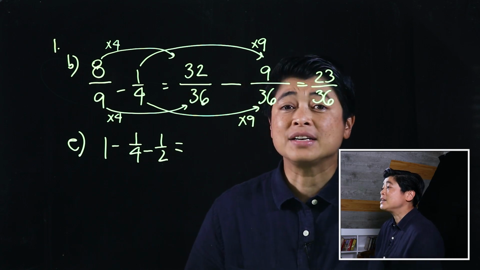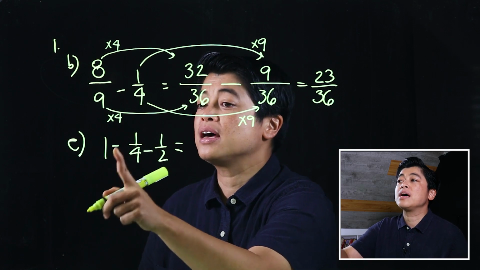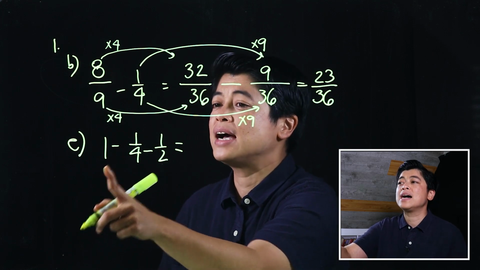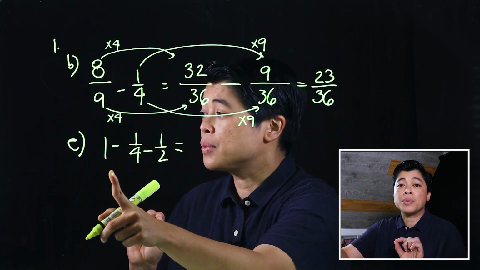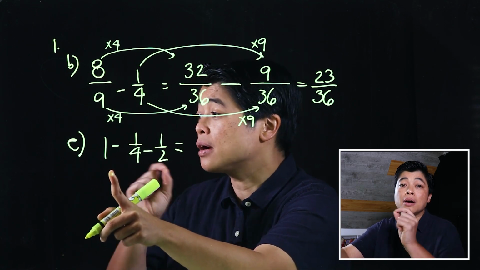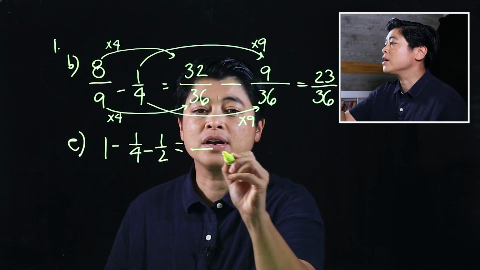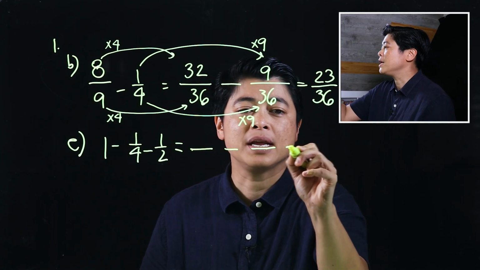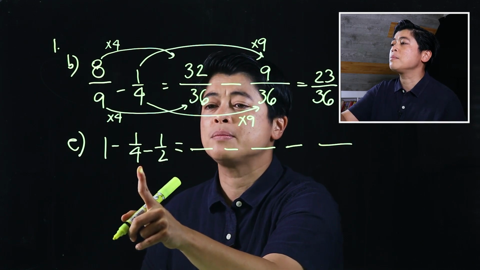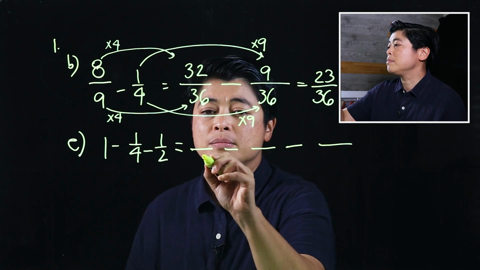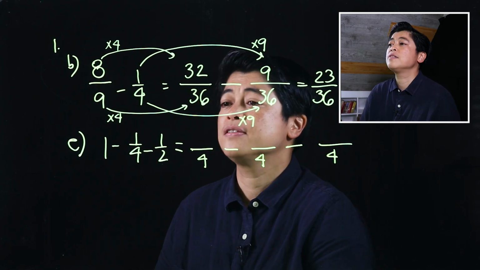Now, in letter E, we have a whole. And remember, the whole can be written as any fraction with the same number on top and bottom. So I'm going to look for the lowest common denominator first. Between these two, the lowest common denominator must be 4. So this is 4, this is 4, and this is 4.